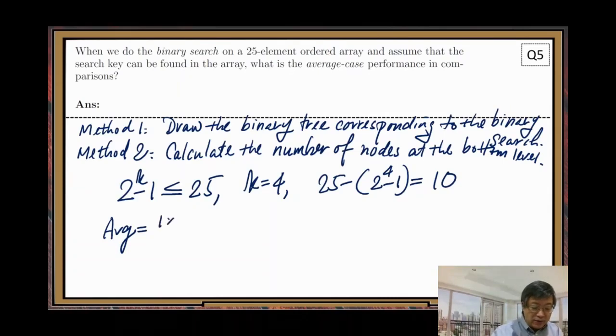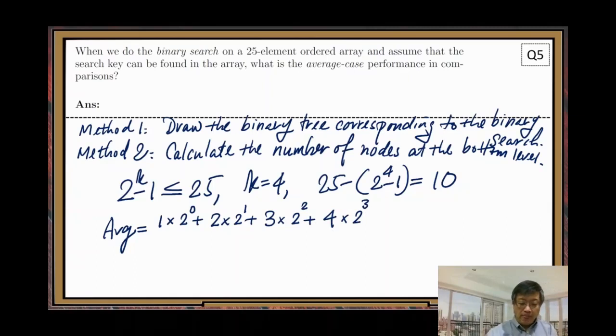One comparison, multiply 2 to the 0th power, because the root, number of nodes, 2 to the 0. Then 2 comparisons, 2 to the 1st power. 3 comparisons times 2 to the second power. 4 comparisons times 2 cubed.